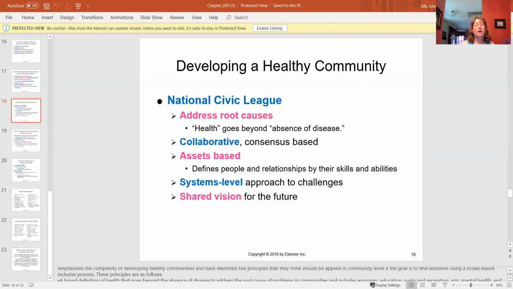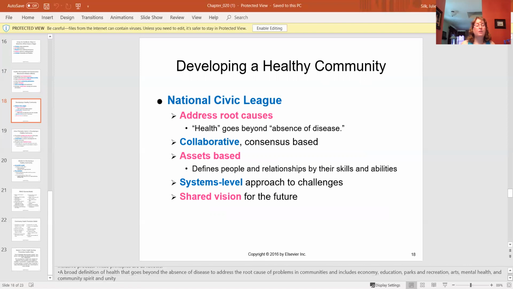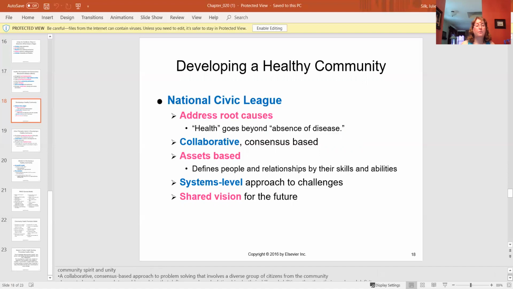These principles are as follows: a broad definition of health that goes beyond the absence of disease to address the root cause of problems in communities and includes economy, education, parks and recreation, arts, mental health, and community spirit and unity.